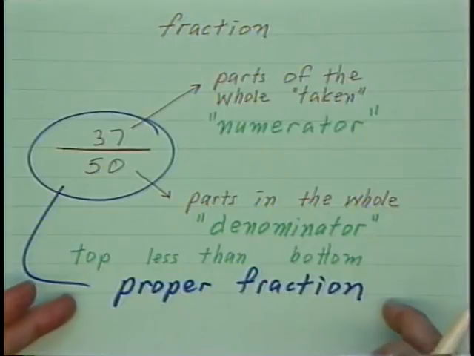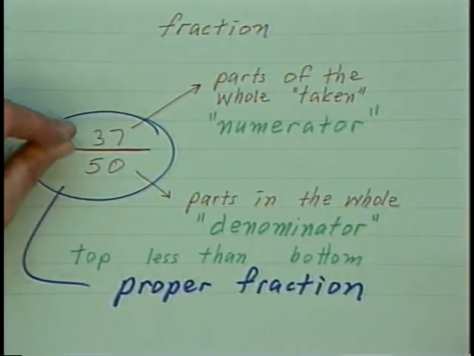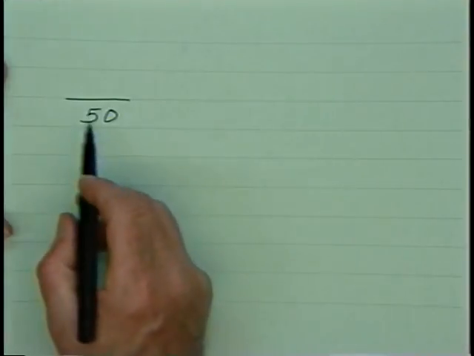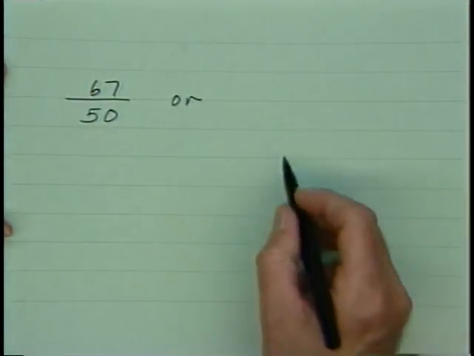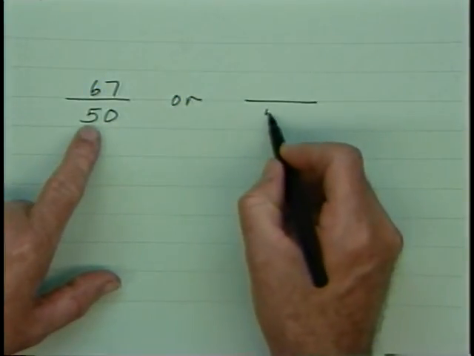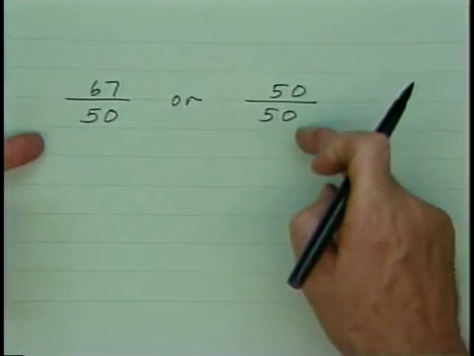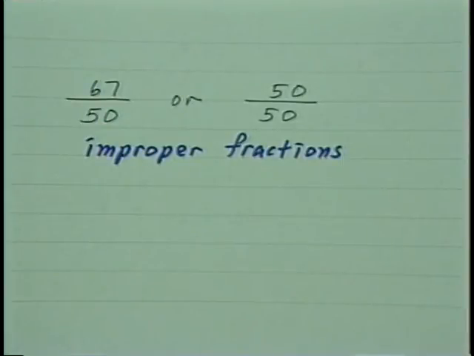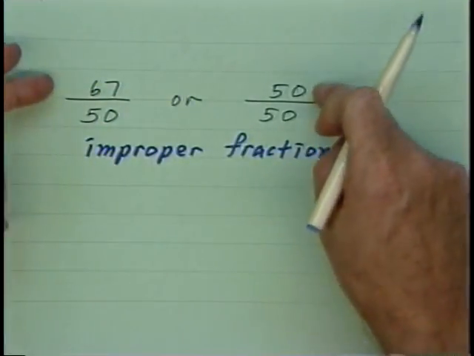It's simply a name. There is nothing proper about it. It's just a name for that kind of a fraction where the top is less than the bottom. On the other hand, if the top is larger than the bottom, or if the top is equal to the bottom, either of those two fractions we call improper fractions, recognizing that technically there is nothing improper about these.